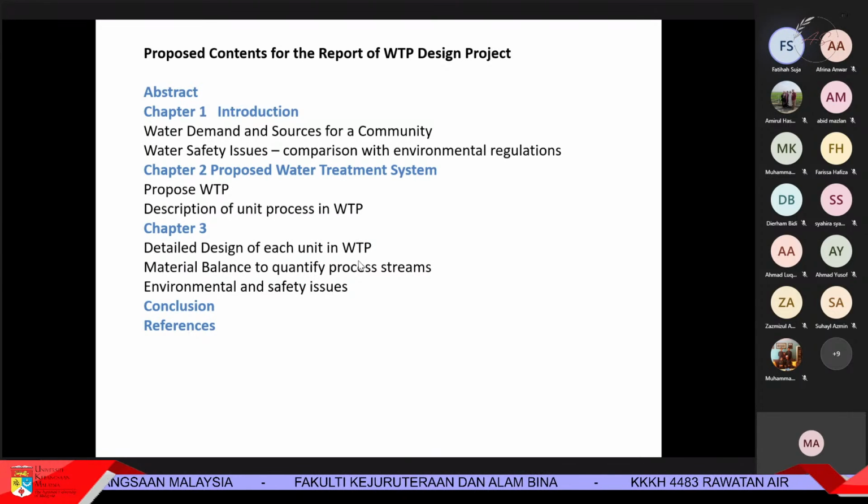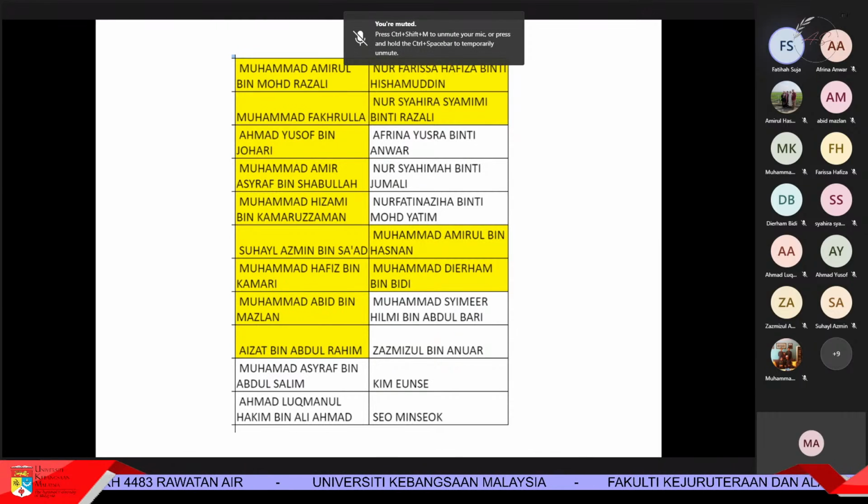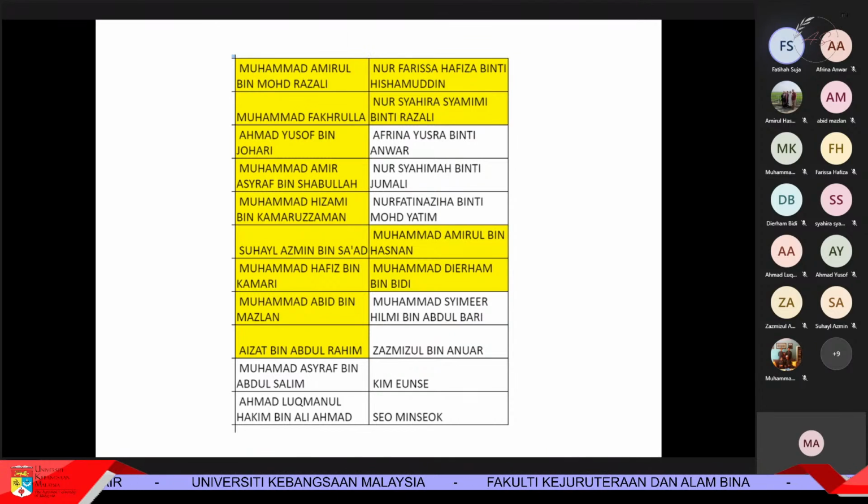Okay, no questions. Actually, this is my proposal. Randomly, I put every one of you into 11 groups because there will be 2 people in each group. I'm not sure whether any of the students dropped this. So this is the list of names that I got from the SMP web.